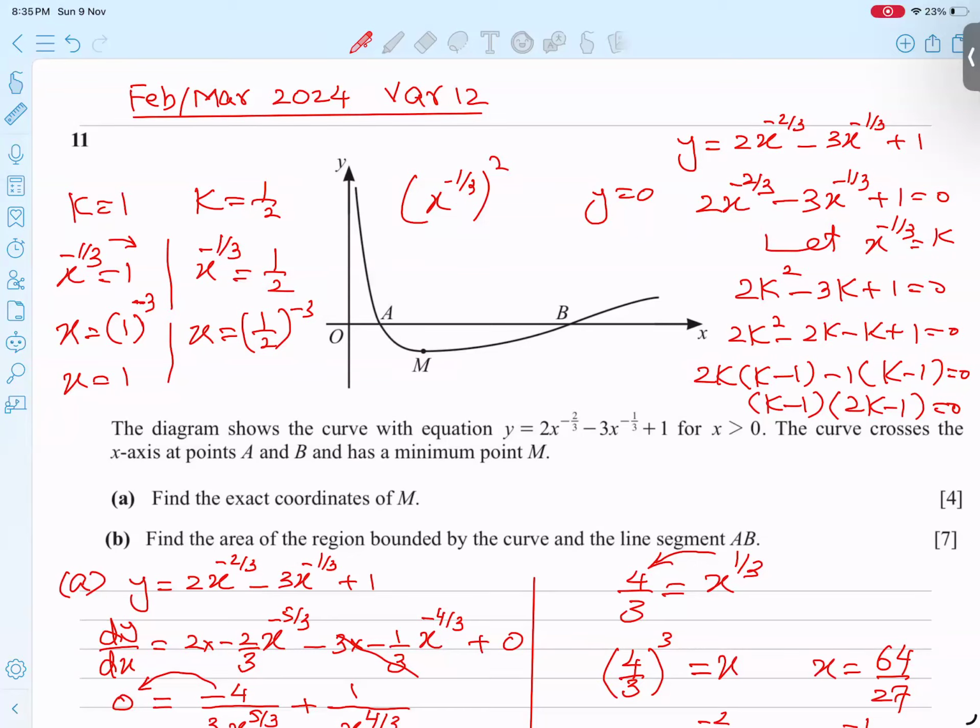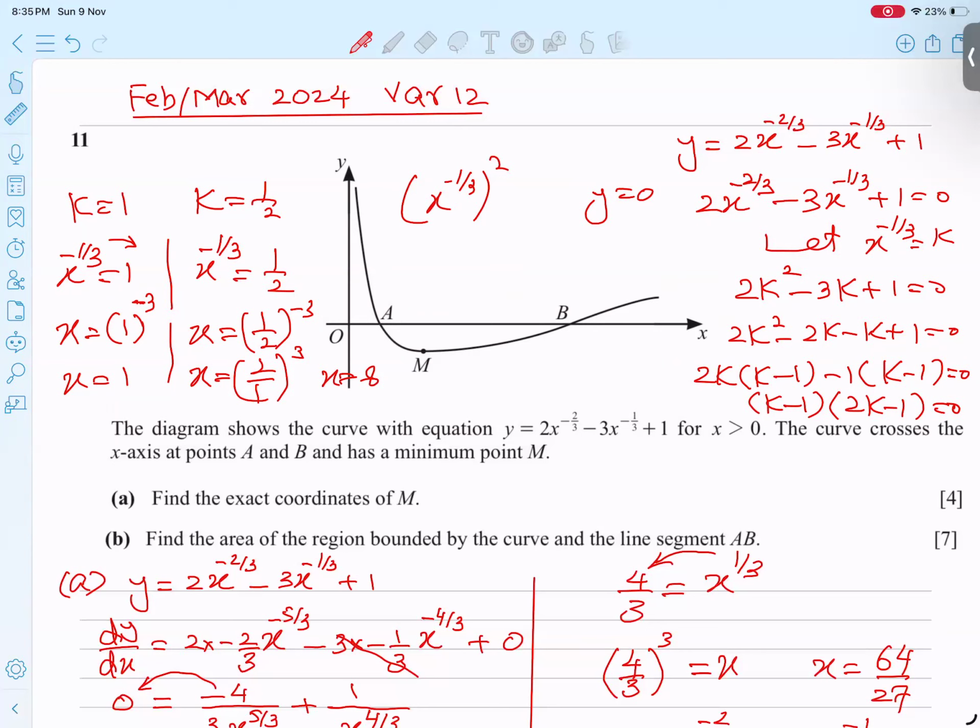It turns to be 1 over 8, because of the negative power. It will flip 2 by 1, the power becomes positive 3, and basically I'm getting 8. So I got two answers: the lower limit is 1 and the upper limit is 8. So 1 and 8 I got as limits, and now I'm going to solve further.